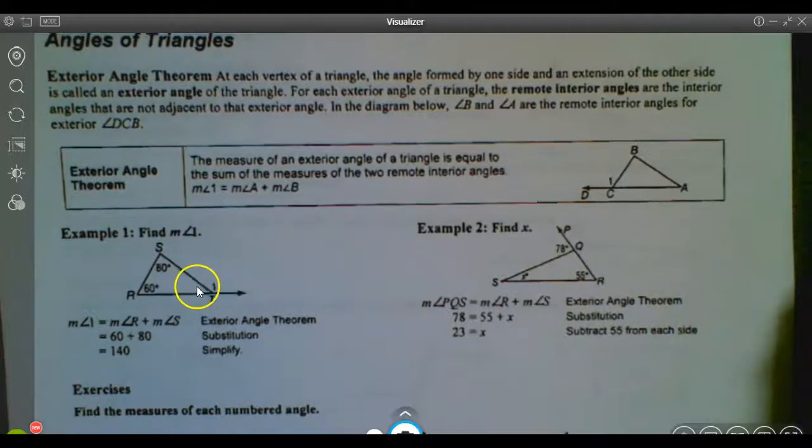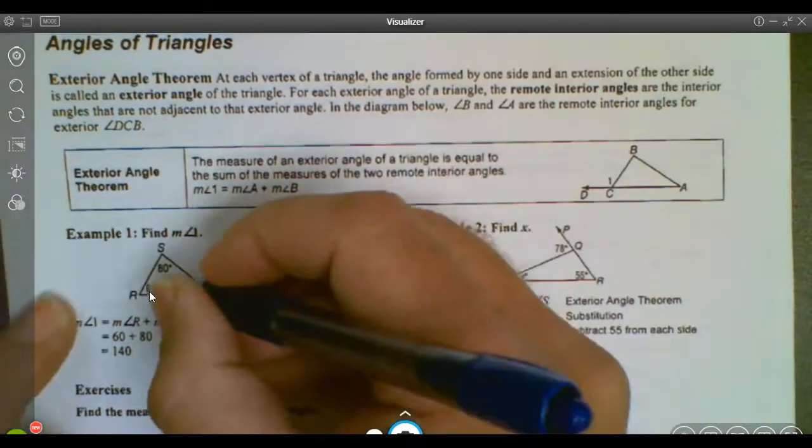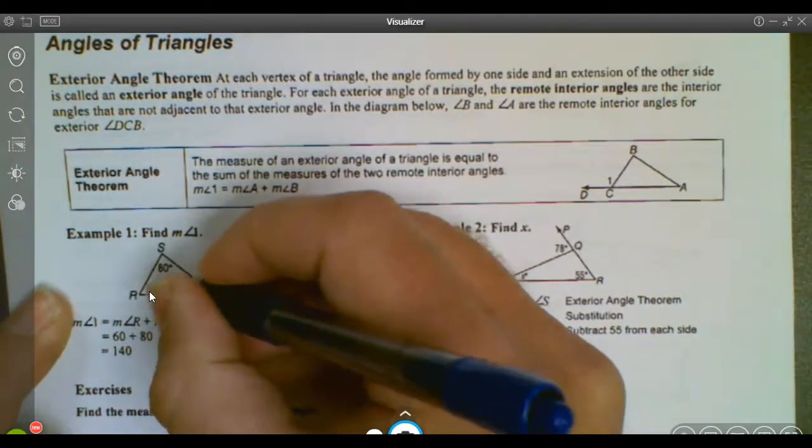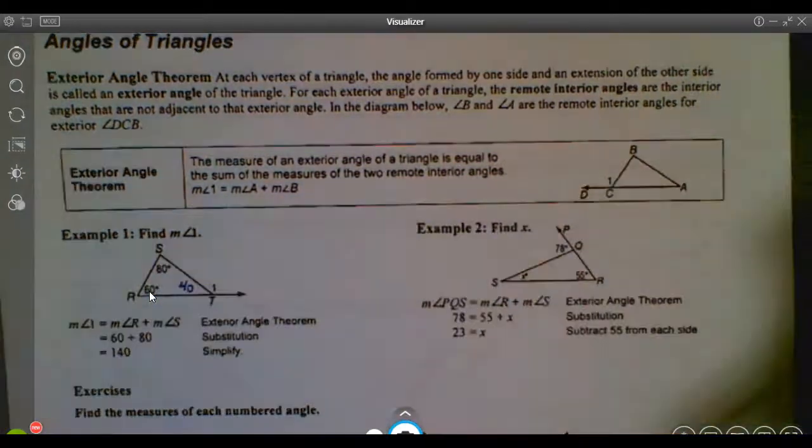As I look at this, what do I know about this angle and this angle? We've seen those since the beginning of the year as a linear pair. And what do we know about linear pairs? They add to 180. So there's two ways to look at this. I could have subtracted these from 180 in order to figure out my third angle is 40 degrees. And then I could have said, based on the linear pair postulate, I know that linear pairs are supplementary.